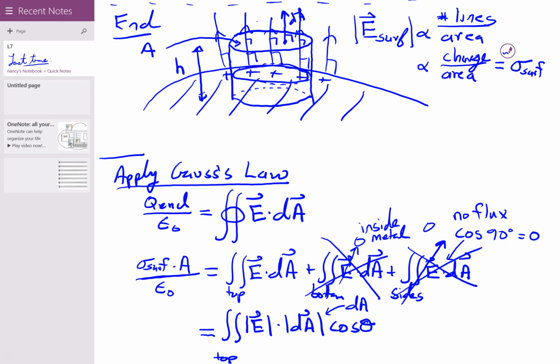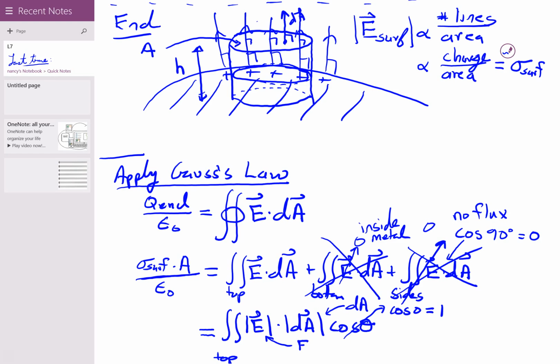So I have cosine of theta. Cosine of 0 is equal to 1, so I don't have to worry about that term in the product. And finally, the electric field magnitude, that is just the question I'm asking. That is the surface strength of the electric field.